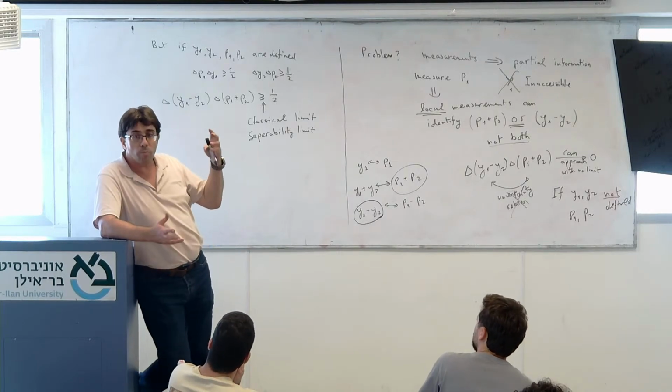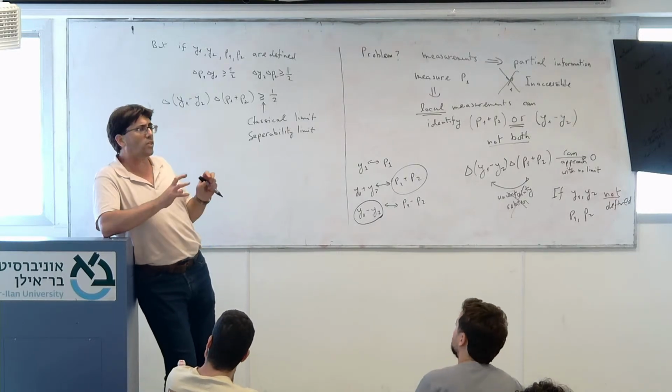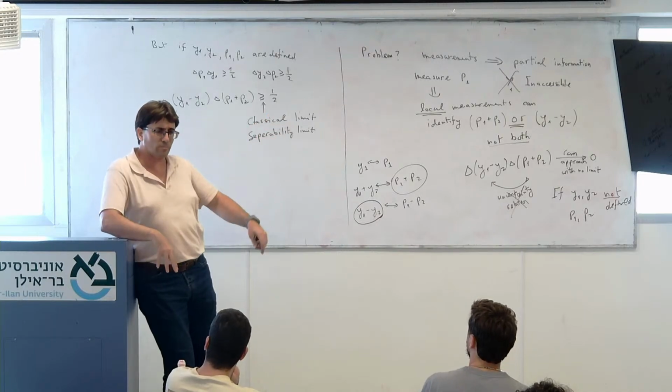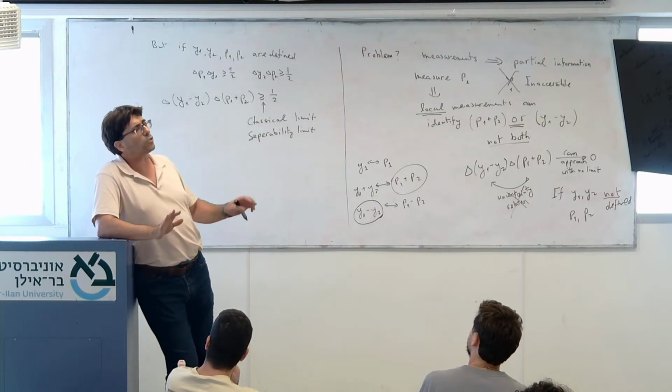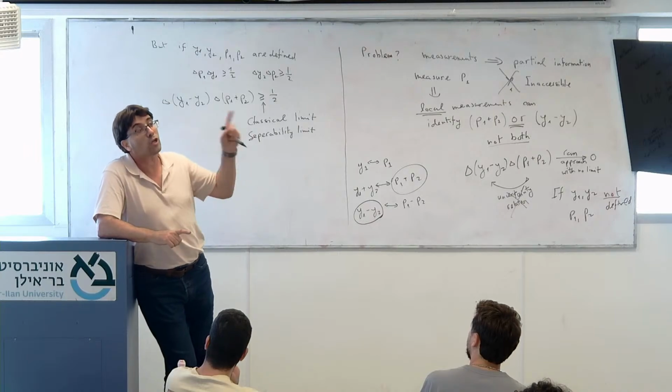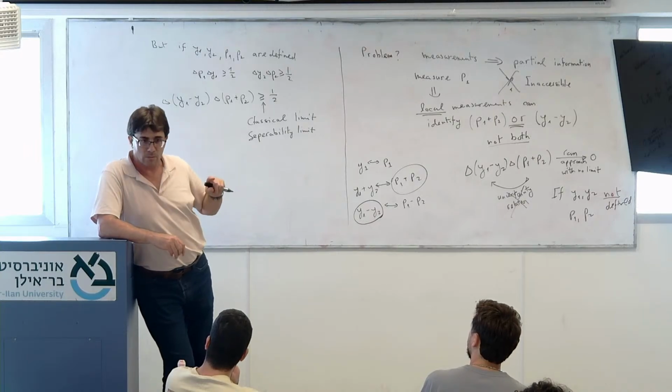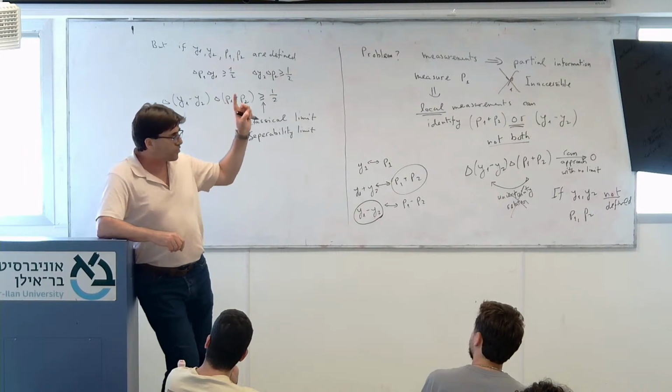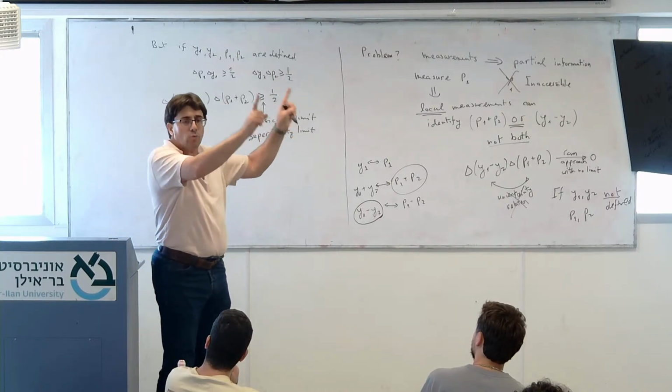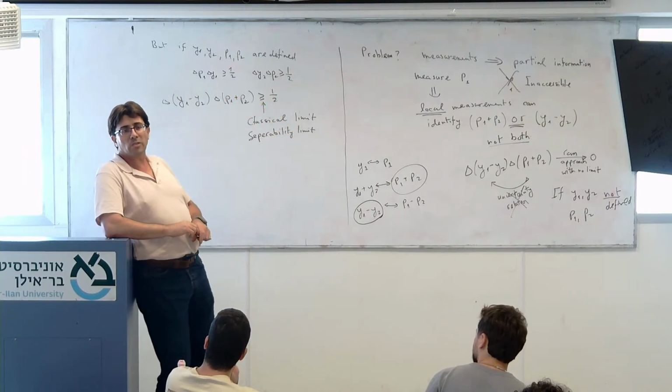That's a global measurement. This is somehow looking at the pair of particles and saying, well, I don't know and I don't care, and I will not even be able to tell what is the momentum of this one or this one, but I'll know their sum. I'll measure their sum somehow.